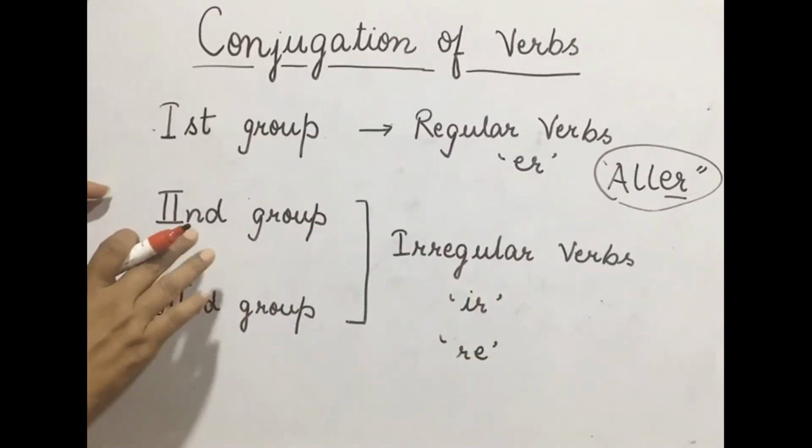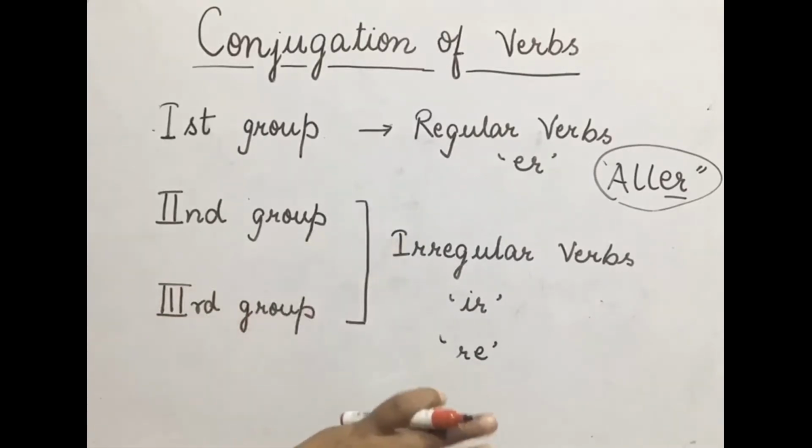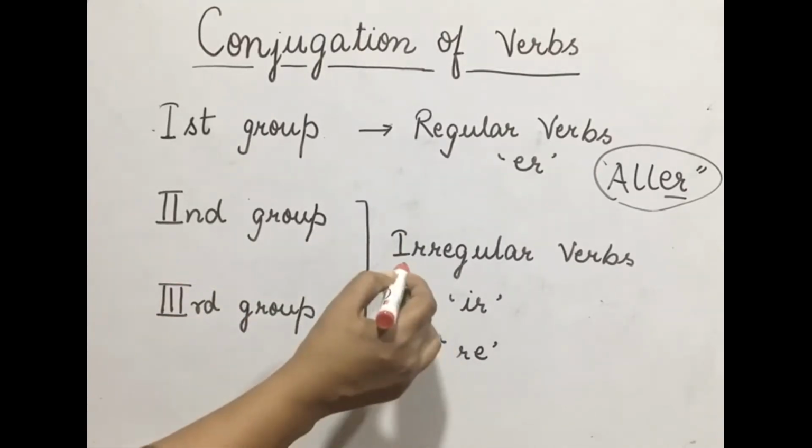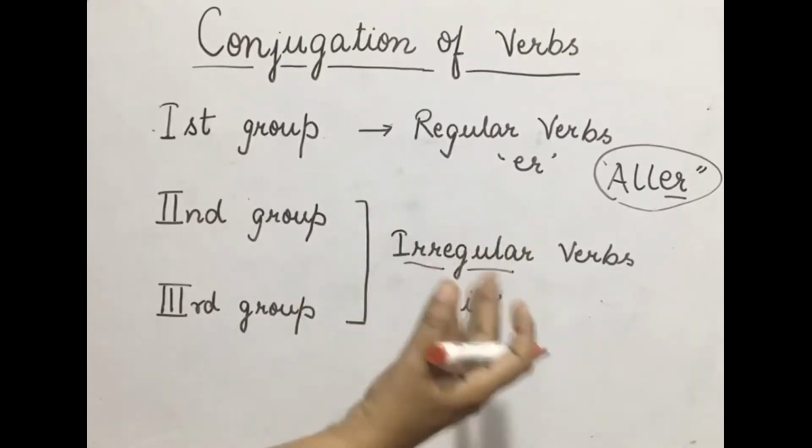Now we come to the second and third group verbs. Second and third group verbs are called irregular verbs. When we say irregular, it means the verbs do not follow a set pattern. Some verbs follow one pattern and others follow a different pattern.